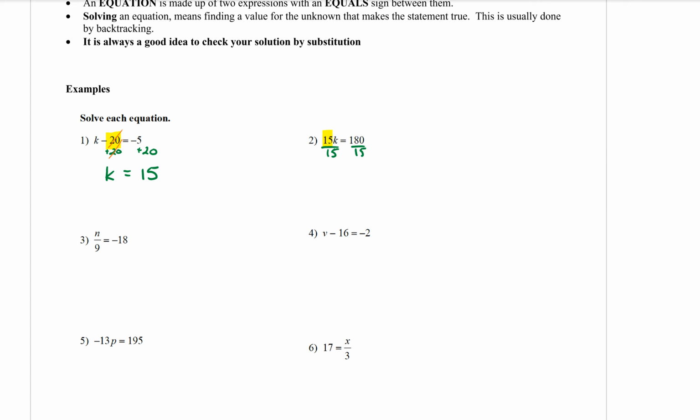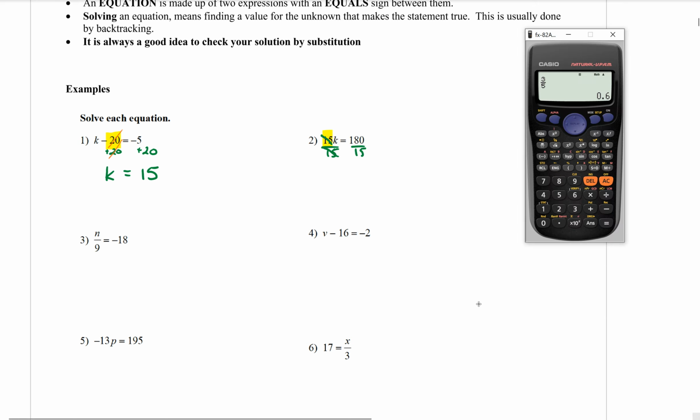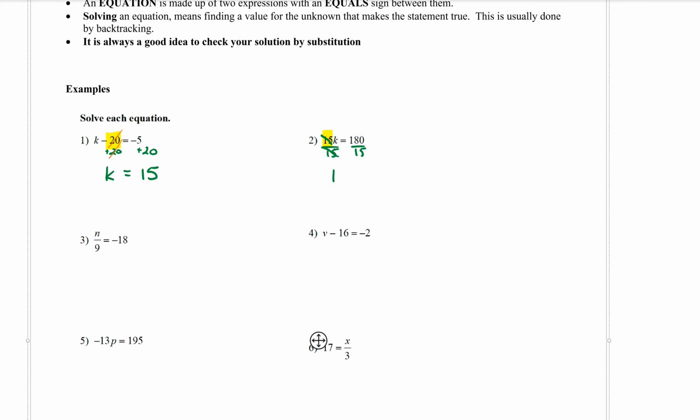So 15 divided by 15, that means that 15 will cancel away. Then we can use our calculator to go 180 over 15, and we get 12. So k is by itself, and 180 divided by 15 equals 12. So 12 is my answer.